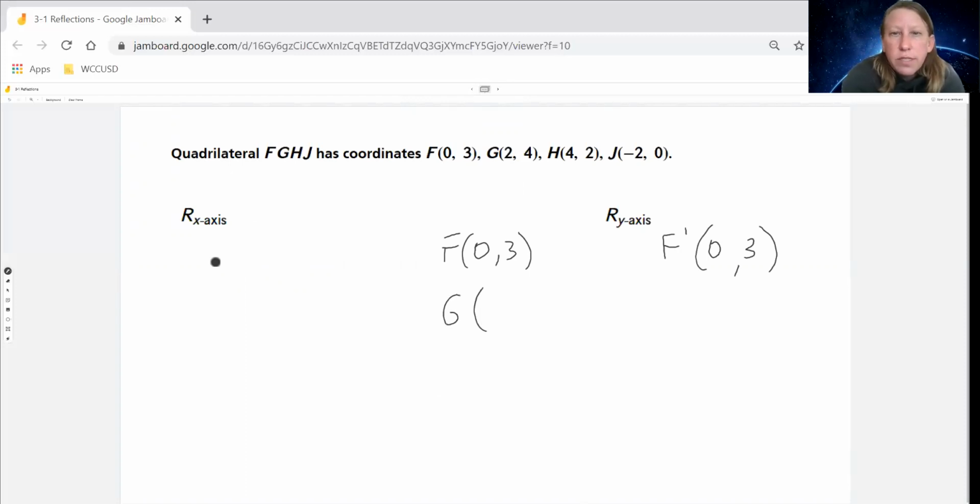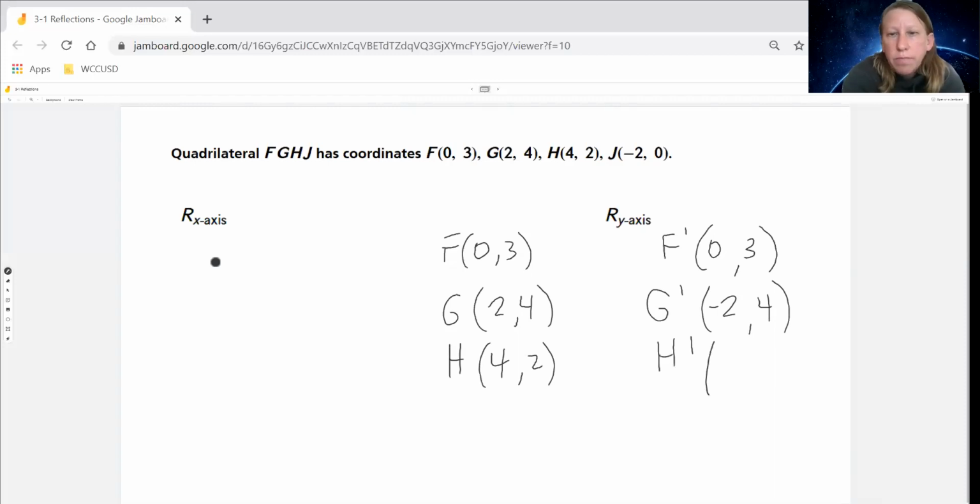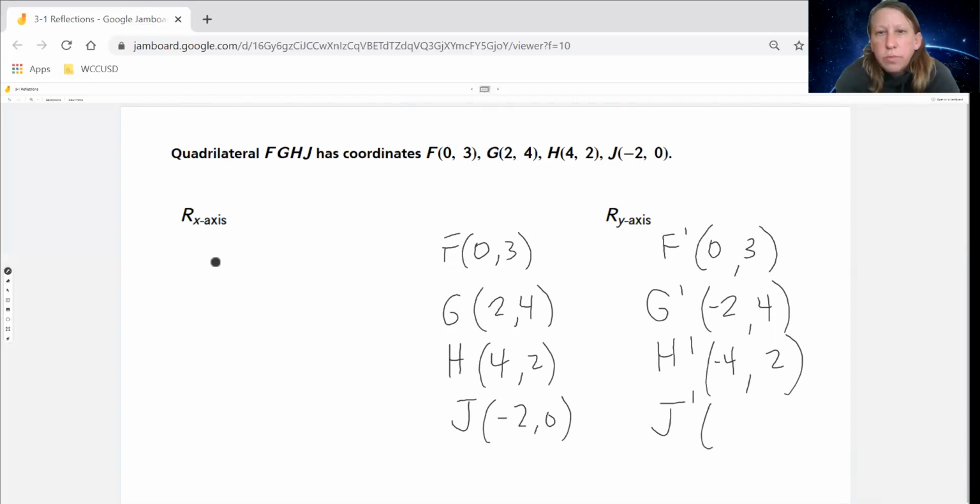The opposite of 0 is 0. There's another point. We're going to keep the y the same and take the opposite of the x. It's really fun to play with these with GeoGebra. Okay, so we're going to keep the y the same. What's the opposite of negative 2? Positive 2. Well, that's how you would do that kind of problem.